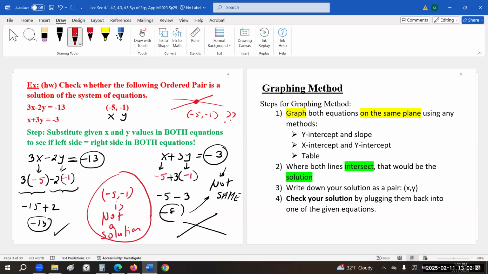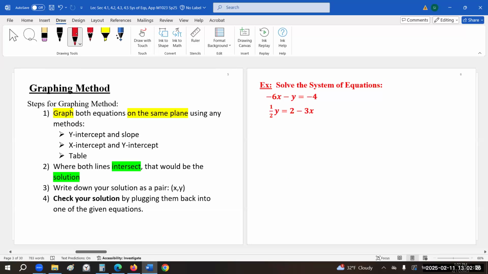Can I flip my page? So we have 6x minus y is -4, and 1/2 y is 2 minus 3x. So let's say we want to use slope and y-intercept.